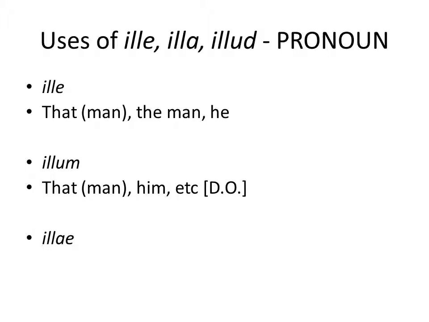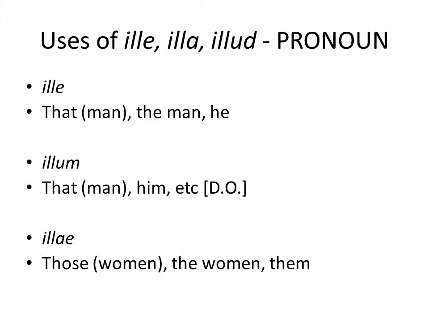Illae, feminine nominative plural. Those women, the women, them. Again, context, context, context. Just like for the first video, check out chapter 26. If you're using Ecce Romani, you want to get good at understanding and recognizing the various forms of demonstrative adjectives and pronouns.